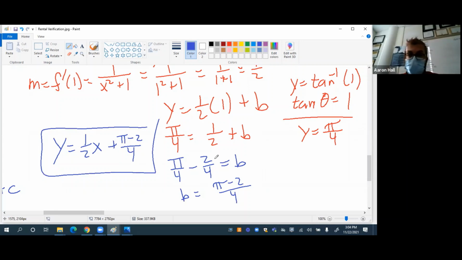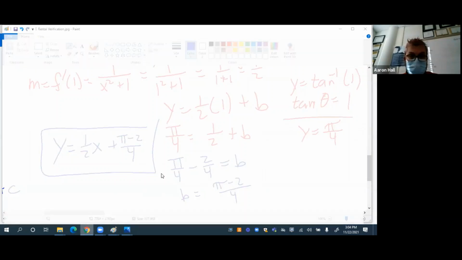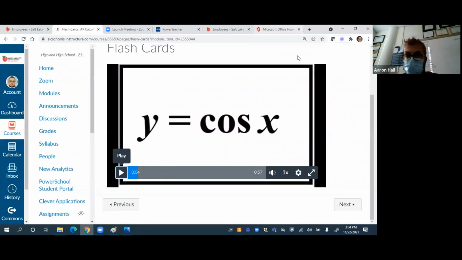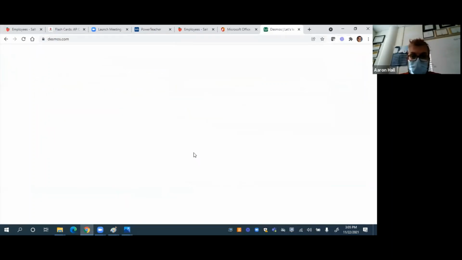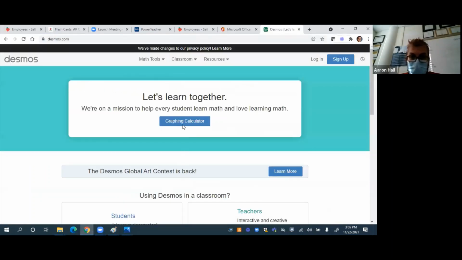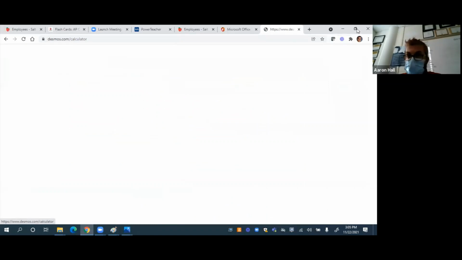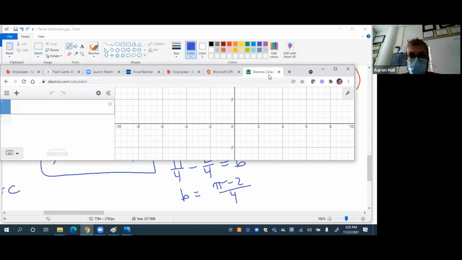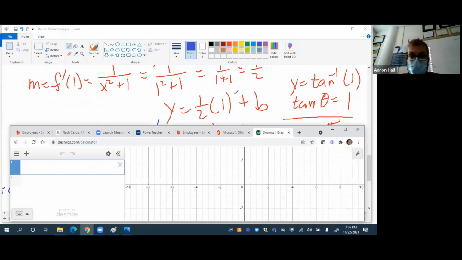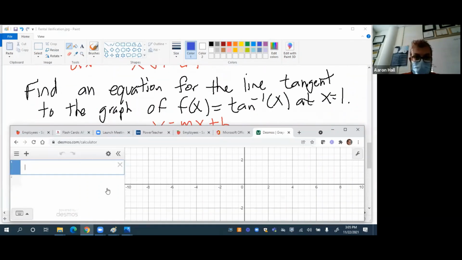I'm going to go to Desmos. Okay, so our original equation was f of x equals the inverse of tangent of x, and we get this graph.